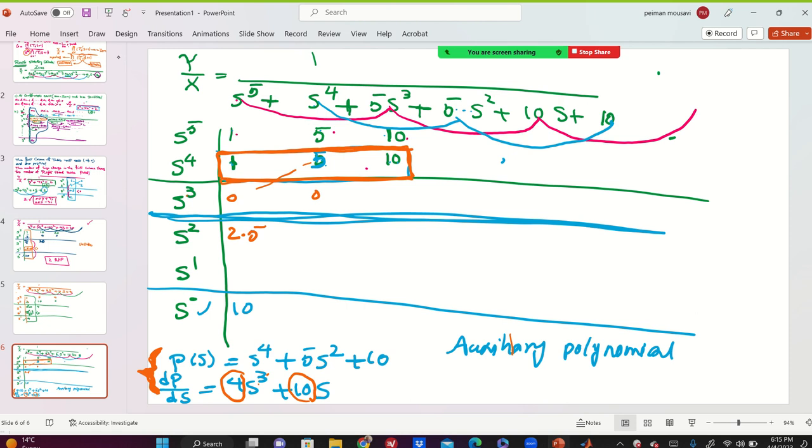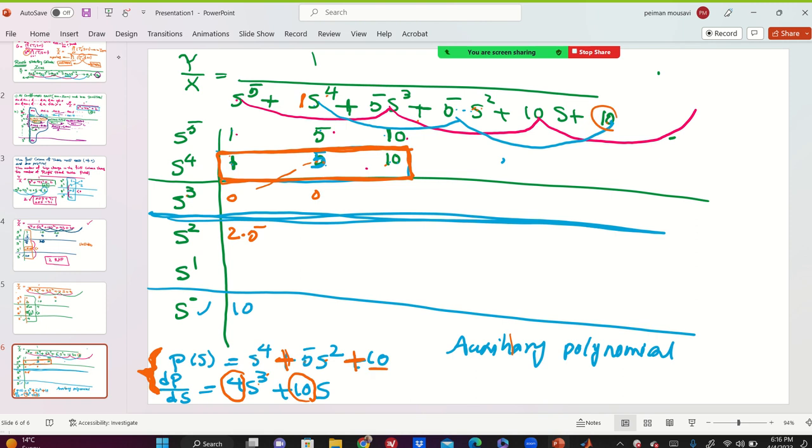This line comes from the denominator polynomial. 1 is the coefficient of s^4, remember we got it from here. So s^4 plus this 5 is for s squared, 5s squared, plus this 10 from here, plus 10.